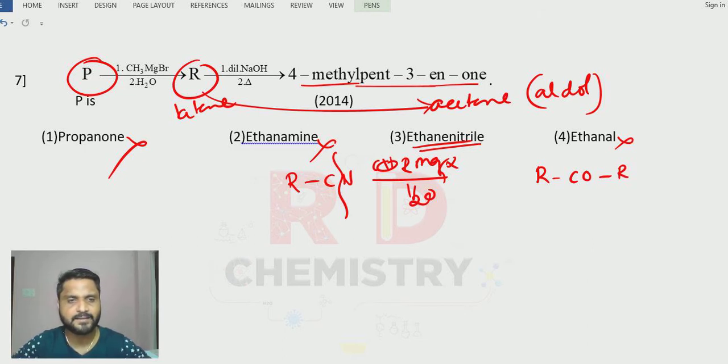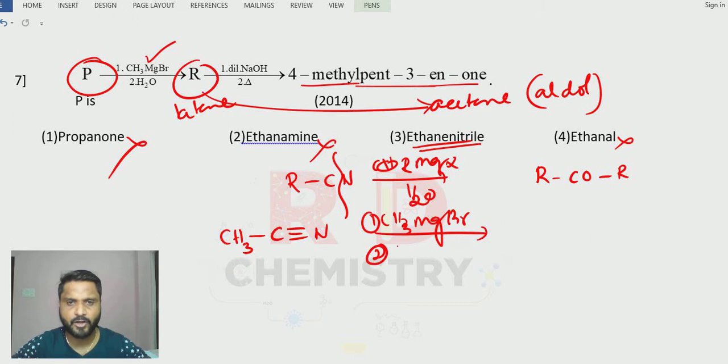Ethane nitrile is CH3CN. It is subjected to methyl magnesium bromide followed by hydrolysis, H plus and OH minus. Finally we get CH3-C=O-CH3.